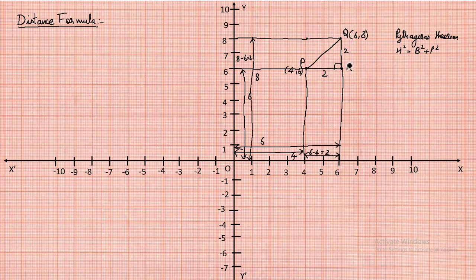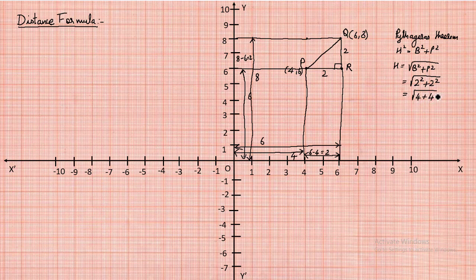Now here we can apply the Pythagoras theorem and find out the value of PQ. So therefore hypotenuse is given by square root of base square plus the perpendicular square. So square root of base square, or the PR square, will be how much? 2 square, plus the perpendicular square will be again 2 square. So this will be square root of 2 square is 4 plus 2 square is 4.